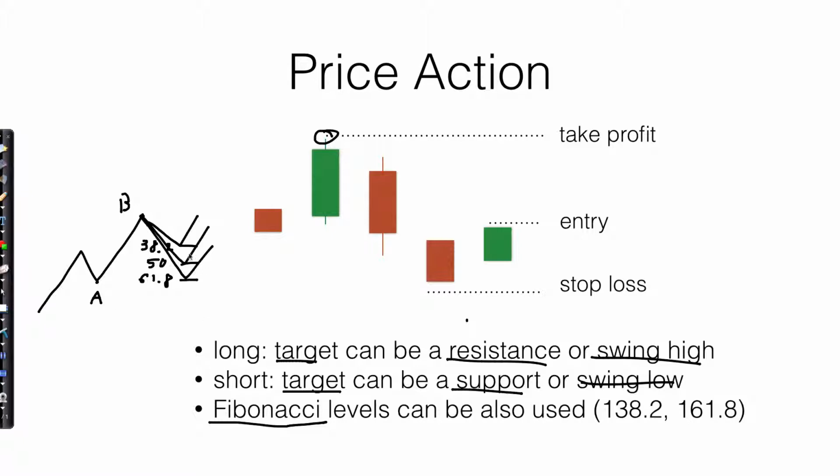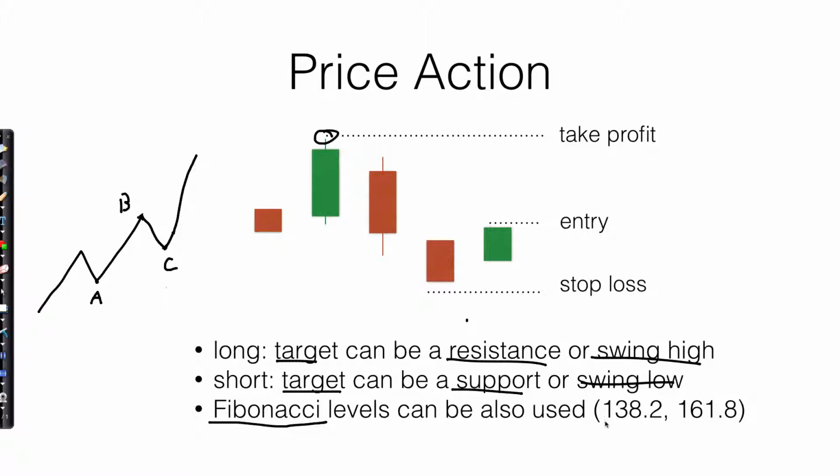But what we can do here is to use another tool called Fibonacci extension. So what this Fibonacci extension does is, when you see something like that and then you see a retracement and the price is going up again, we call this point C. So with the Fibonacci extension you can identify A, B and C, and the tool will tell you where the price will go before starting to go down again.